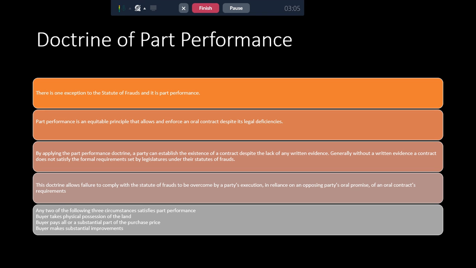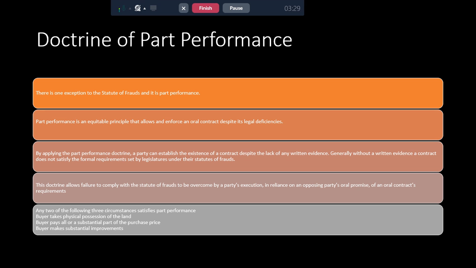Generally, without written evidence, a contract does not satisfy the formal requirement set by the legislature under the statute of fraud. This doctrine allows failure to comply with the statute of fraud to be overcome by a party's execution.